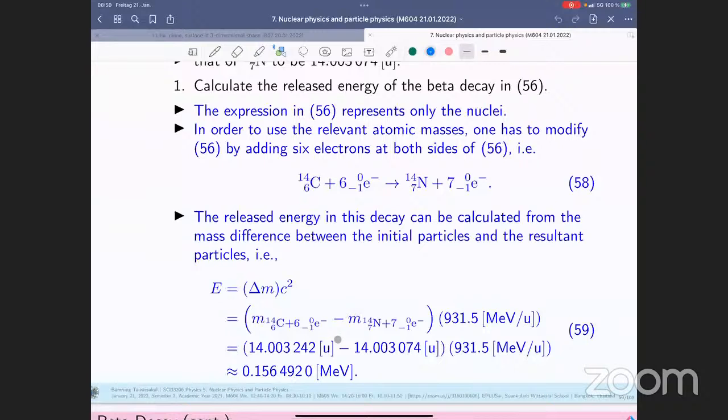You just use the atomic mass unit scale, where it's easier, and you just use the 931, okay, 931.5. 931.5 means the result from the conversion. Okay, it's quite simple, and you don't have to worry, just make the multiplication only, all right?